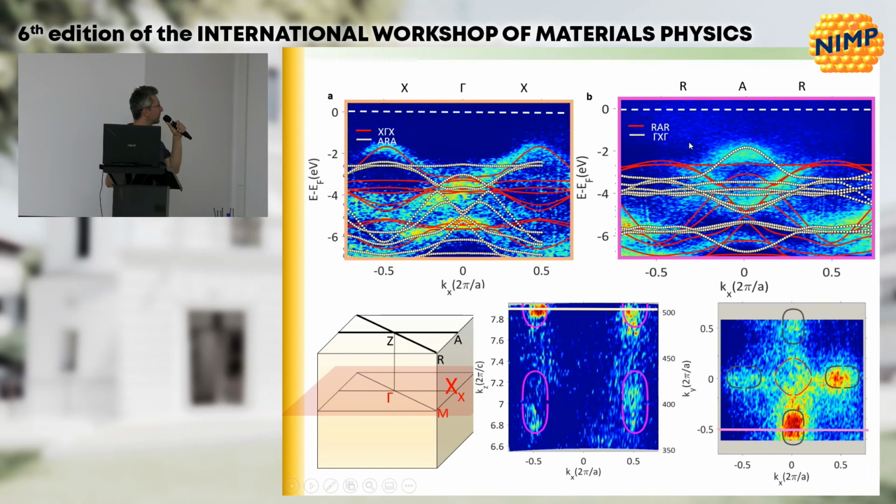We see that the spots in the corner of the margins of the Brillouin zone cannot be explained only by the fundamental tetragonal band structure, and we need to assume that there is some folding of the band structure, so that in the A point we have the band structure corresponding to the gamma point in the fundamental tetragonal lattice.